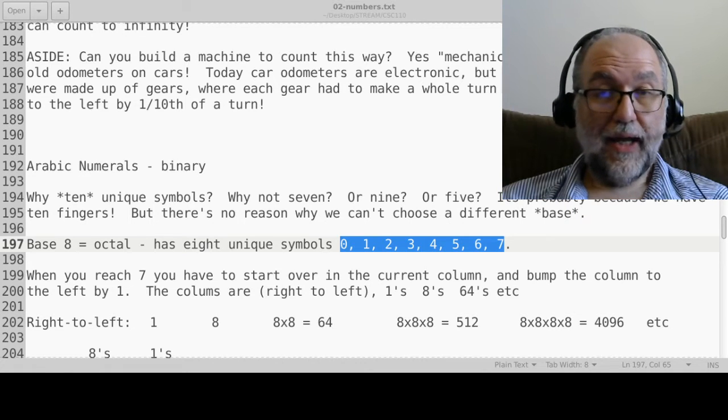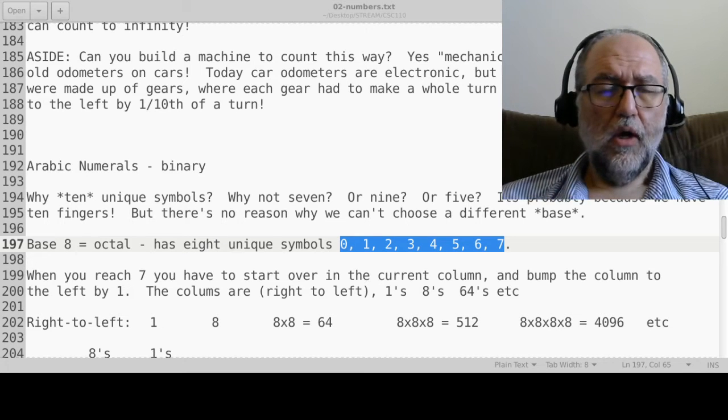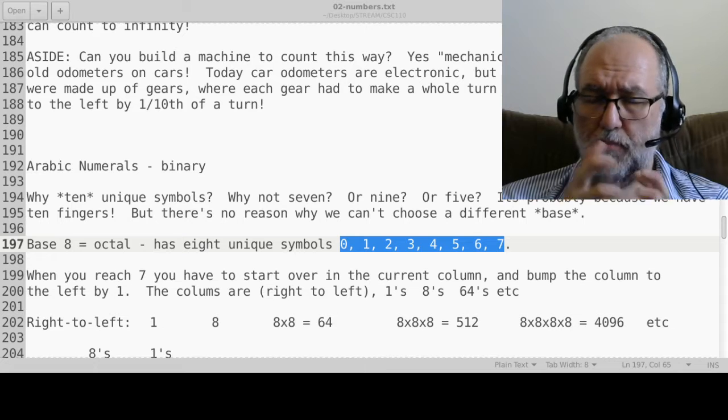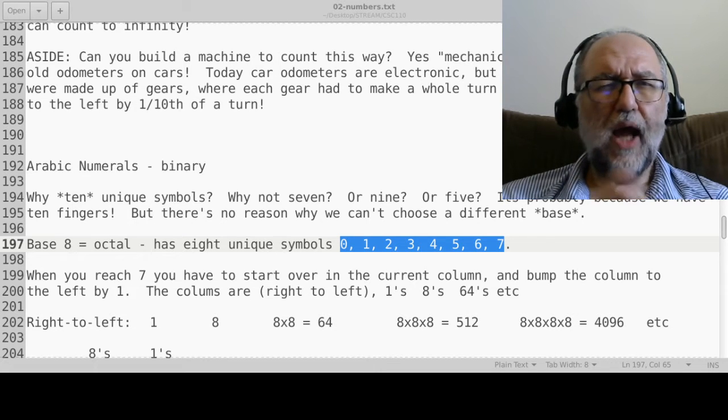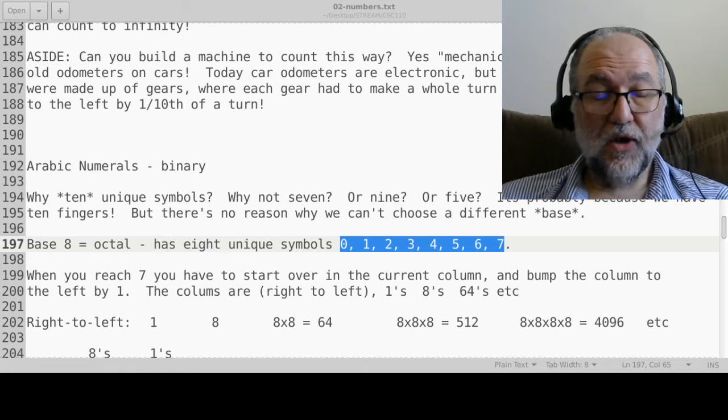Only 8. Once you get to 7, you have to cycle back to 0. So this is kind of weird. I'm not going to hold you responsible for the octal system, base 8 as it's called, but I want to free up your brain for what we're going to do next, and that is look at binary numbers.